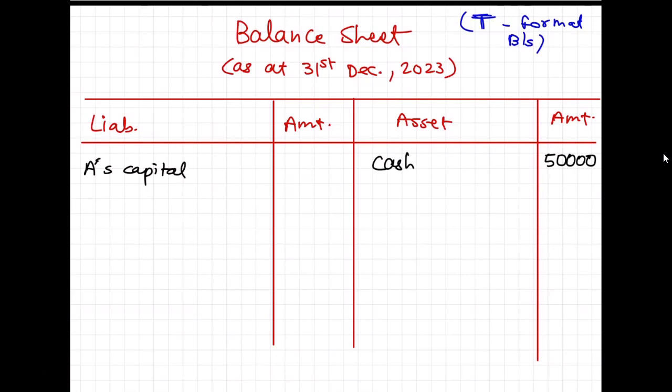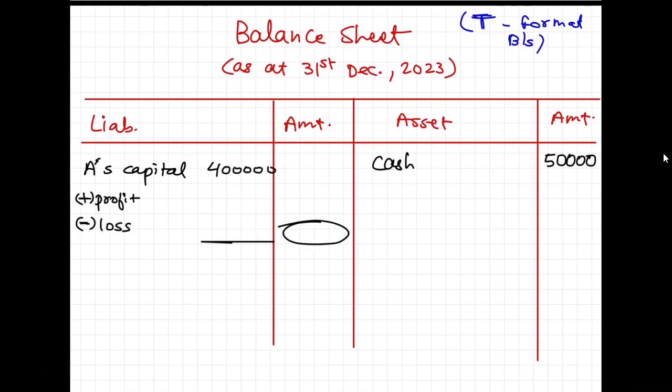I will write it into the inner column. Why I am writing it into the inner column? Because there will be some adjustment. So what will be the adjustment in the capital?